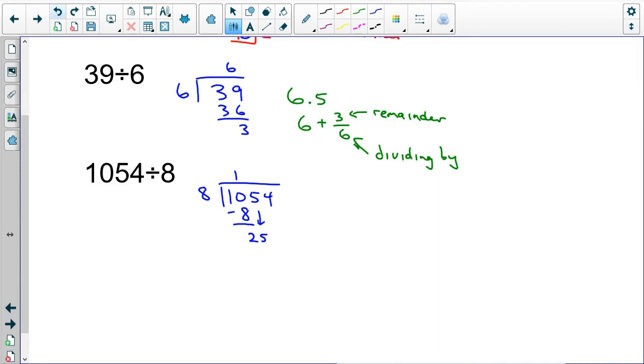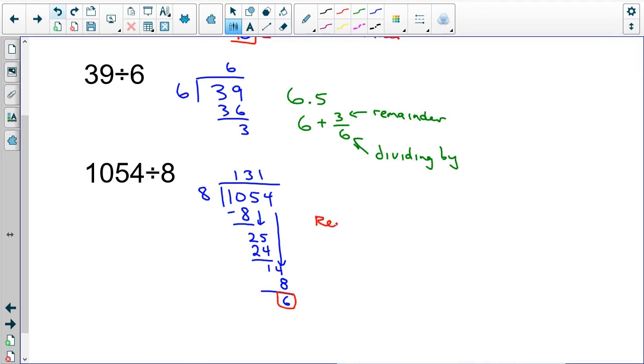This is the algorithm for what we do in long division. 8 times 3 is 24. I bring down the 4, and then 14 divided by 8 only goes in one time. So then I multiply 1 by 8 and I get 8, and I'm left with a remainder of 6.